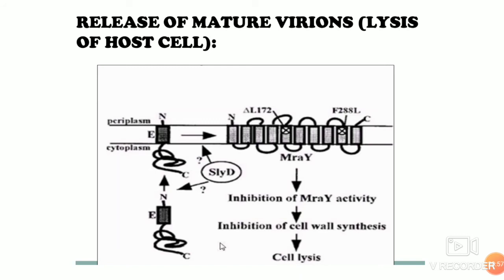Once enough E protein is synthesized in the cytoplasm, it is going to be integrated into the inner membrane. The cytoplasmic SLY protein helps in this integration, and there is accumulation of E protein onto the membrane.